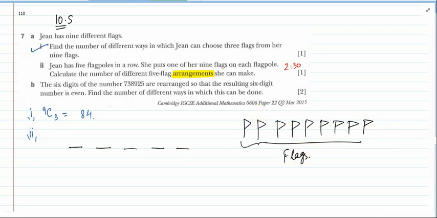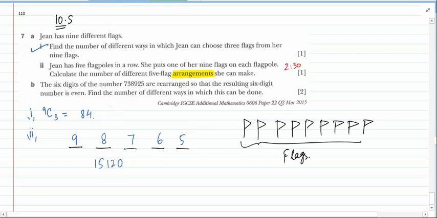Now listen carefully, beta. For the first flagpole, how many options does she have to place the first flag? For the first one she has the option of 9, right? After that it's 8, then 7, then 6, then 5. If you multiply 9 into 8 into 7 into 6 into 5, you will get the answer 15120.